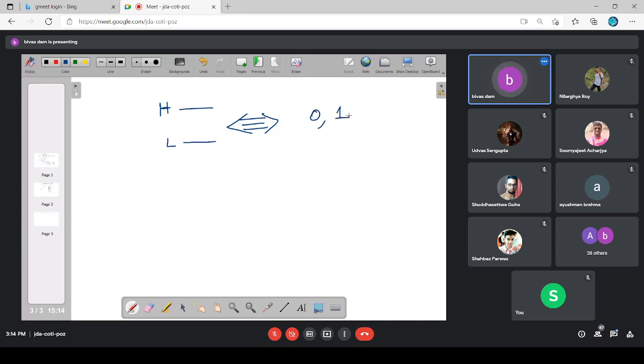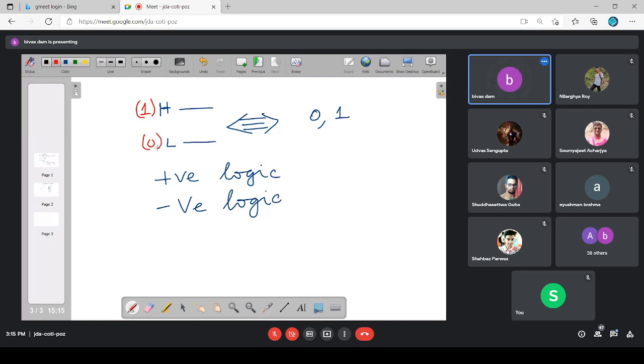Now, there are 2 different logic concepts. One is positive logic, the other one is negative logic. In the case of positive logic, we associate logic 1 with the high voltage level and logic 0 with the low voltage level.